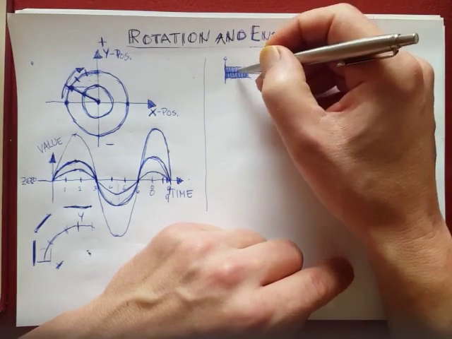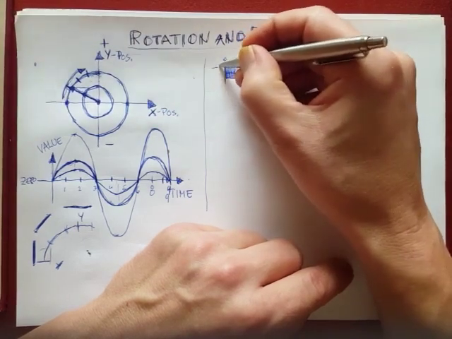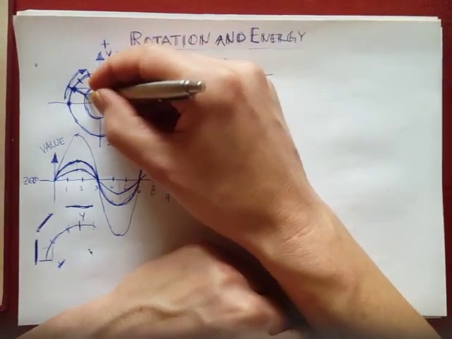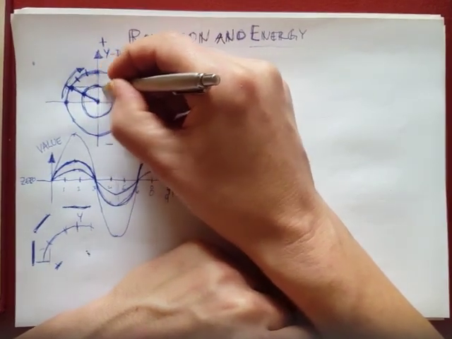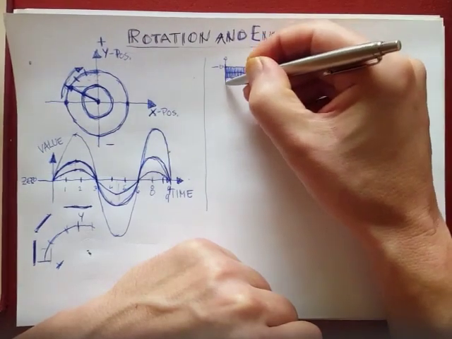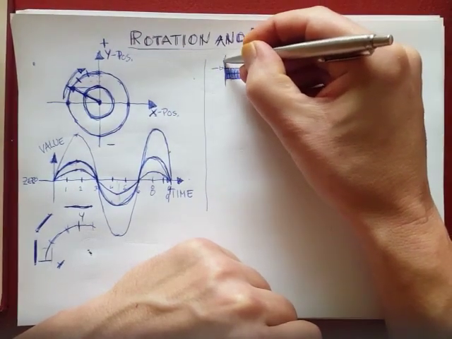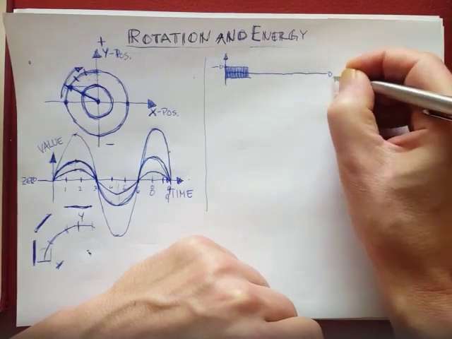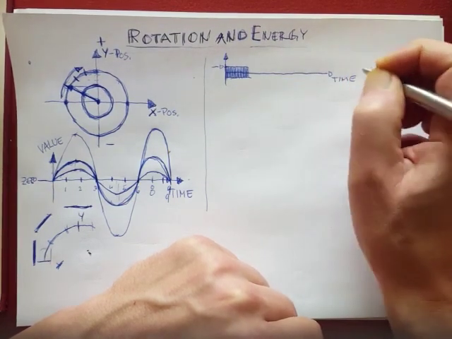Now, if for instance this here is a shorter handle that rotates here, then it looks like this. And over here we have time.